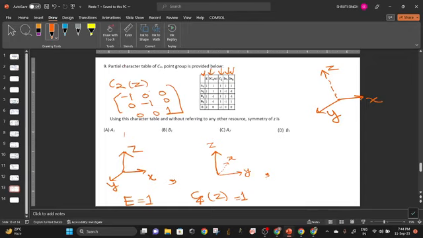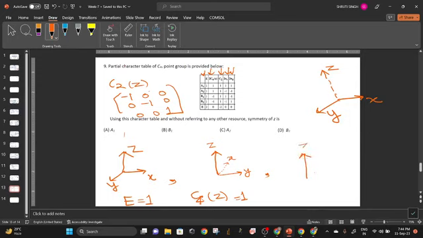Okay, next is C2. Again, for a C4 molecule, C2 will also be along the C4 axis. C2 means rotation by 180 degrees.